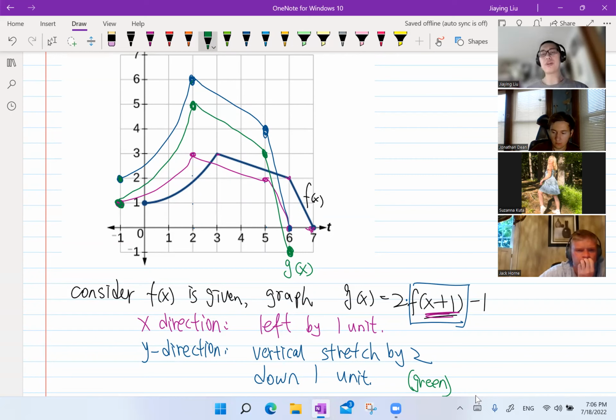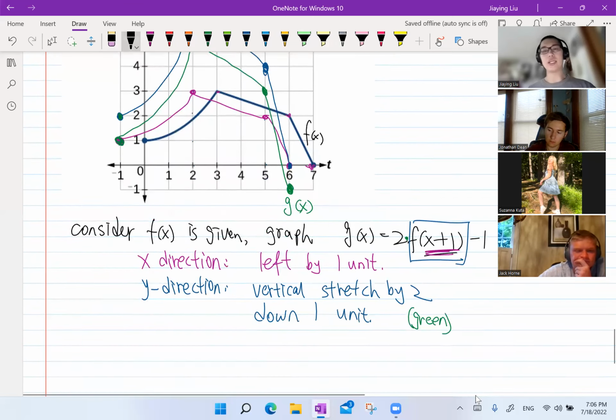Now, I just want to point out that in this case, in the y direction, we have multiple transformations going on, right? We have this vertical stretch, and then we have this down 1 unit, minus 1. So you just look at which one comes first. You follow the order of operation, which says we take the f, multiply by 2 first, and then subtract 1. If you follow that order of operation, you're not going to get it wrong.